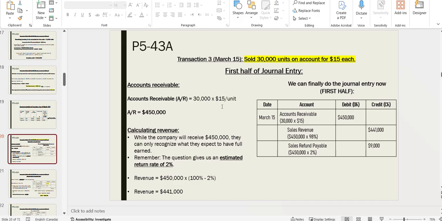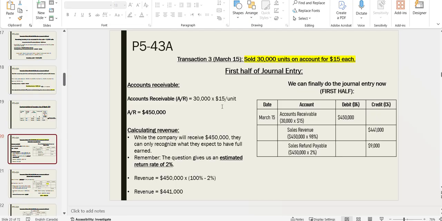So our journal entry for selling those 30,000 units on account for 15 each is that, because our sale was on account, our accounts receivable goes up by 30,000 multiplied by 15 dollars, and our sales revenue goes up by that amount.